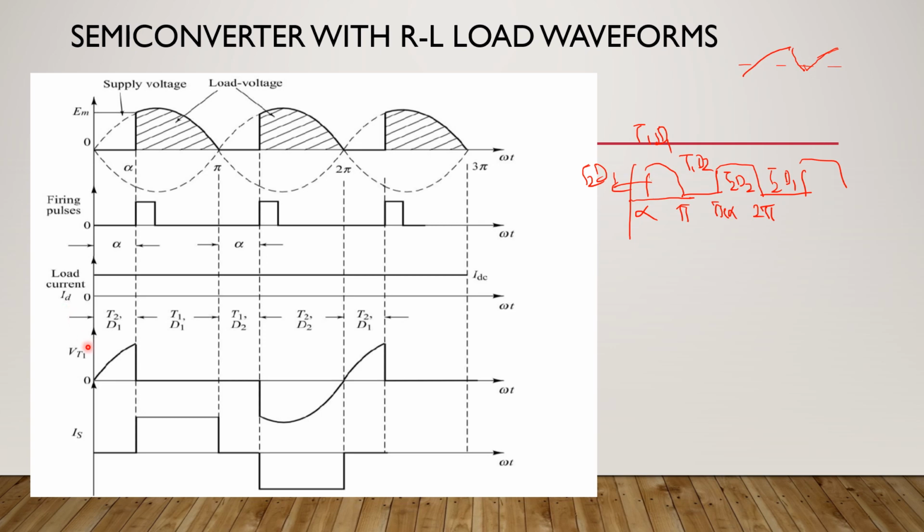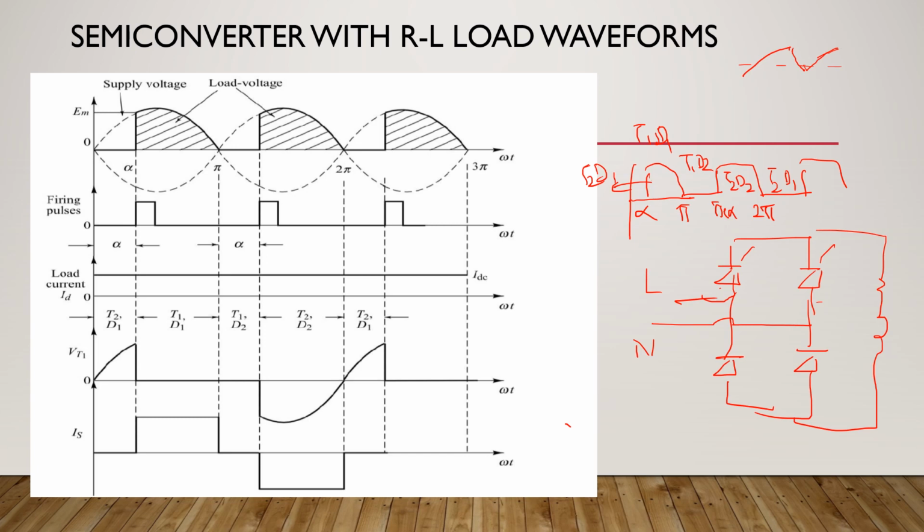Next, let us observe the current waveform from alpha to pi. Basically, redrawing the circuit here, these are the devices T1, T2, D1 and D2, these are the supply terminals, line L and N, and this is your load.